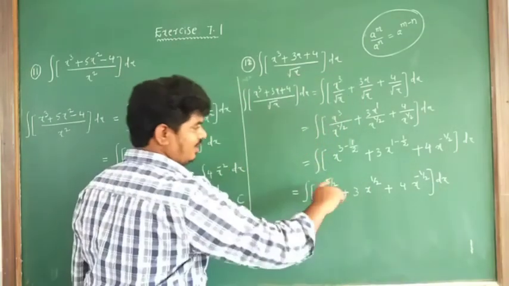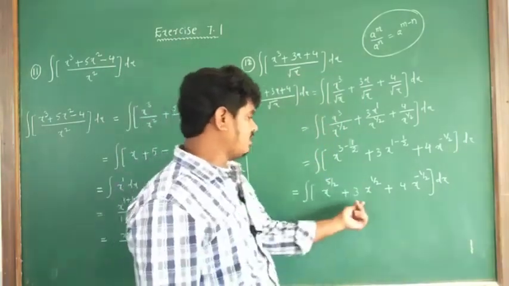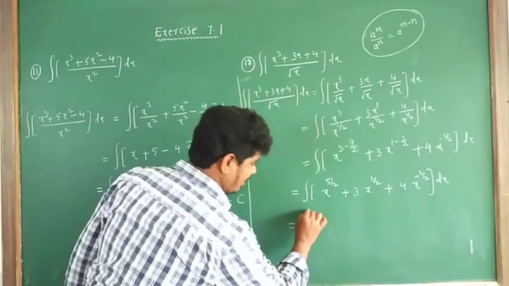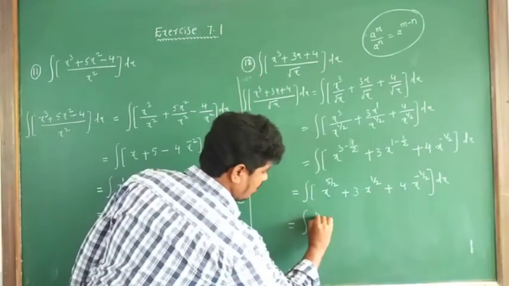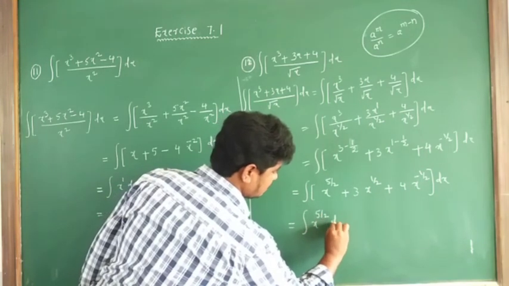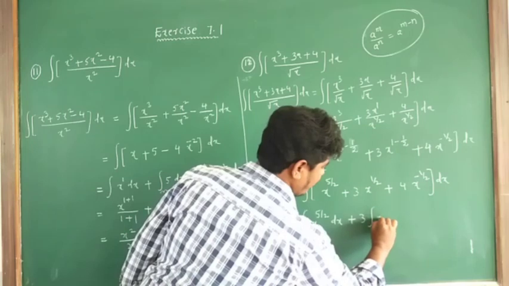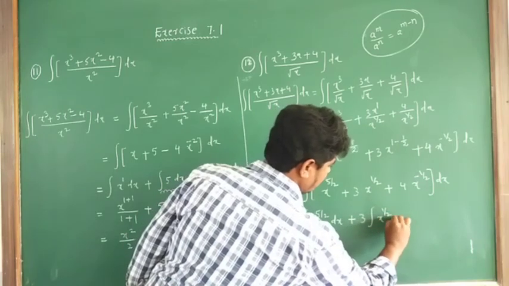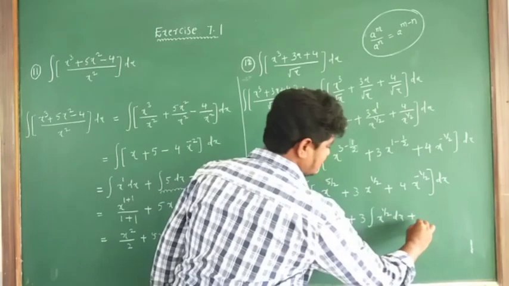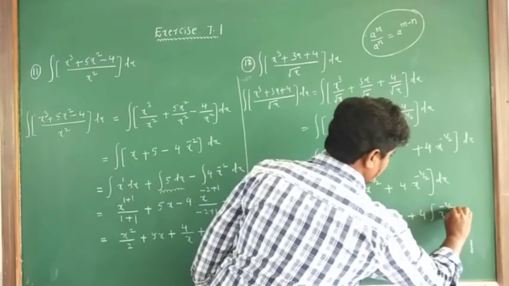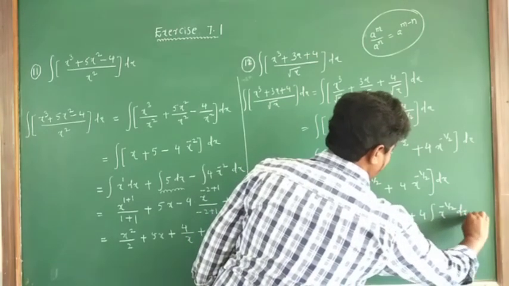Now take the integral separately, and here 3 and 4 are constants, take them out. I am writing directly integral of x to the power of 5 by 2 dx plus 3 into integral of x to the power of 1 by 2 dx plus 4 into integral of x to the power of minus 1 by 2 dx.